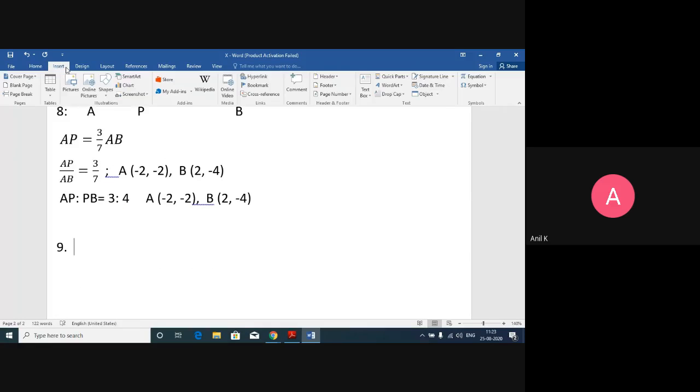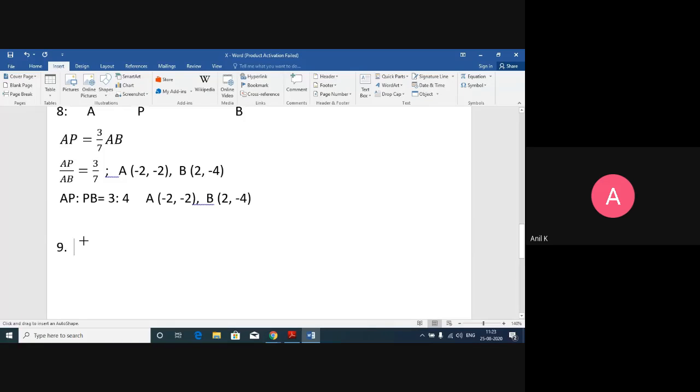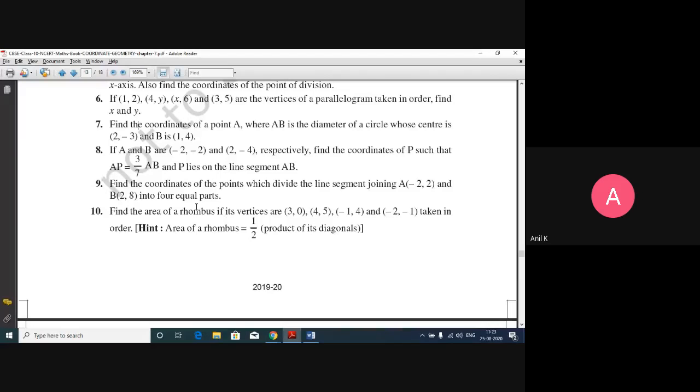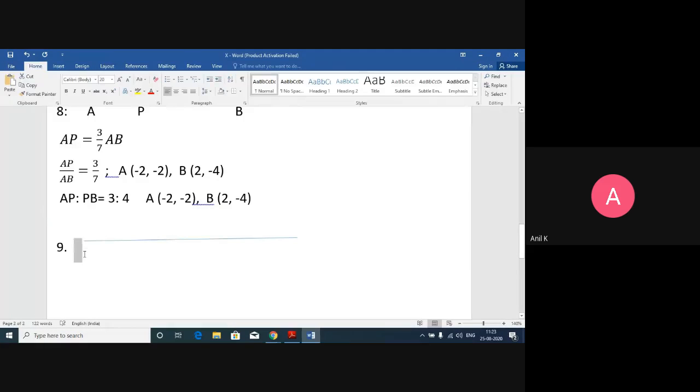Let me draw a small line. They said 4 equal parts. So let me take the points here.